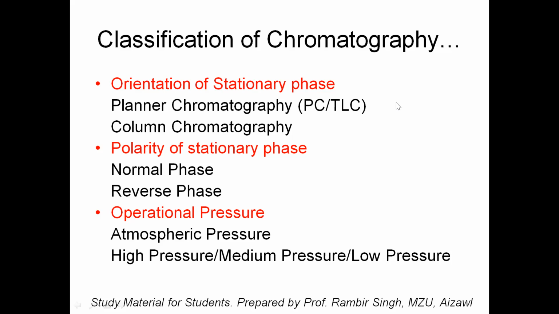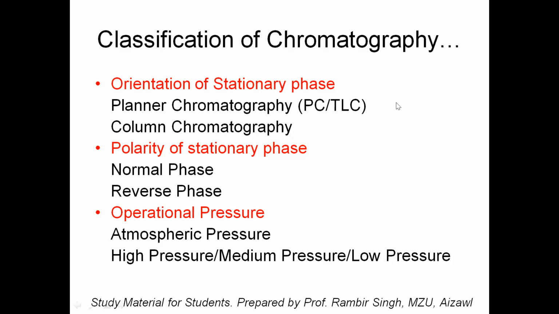So if you run the HPLC for the whole day and do your separation, the cost of your separation will be very low and you can make it efficiently. So nowadays, even for organic compounds, instead of normal phase chromatography, we prefer reverse phase chromatography because the cost of separation becomes very low.